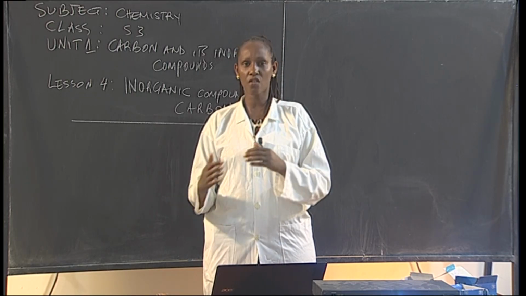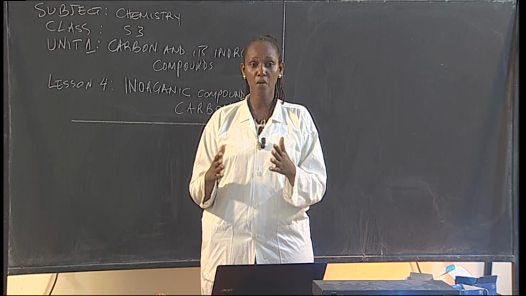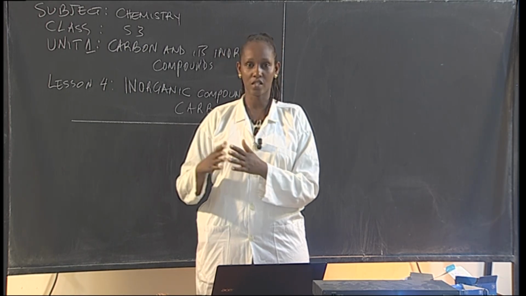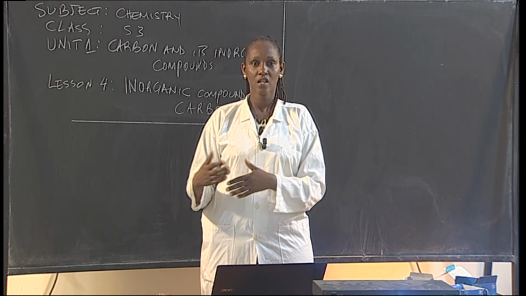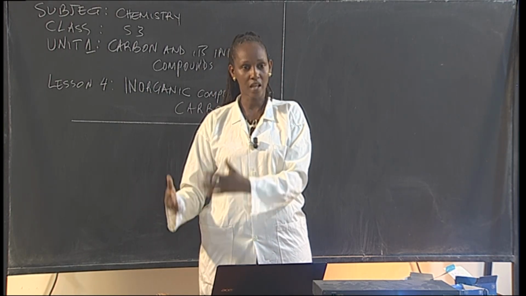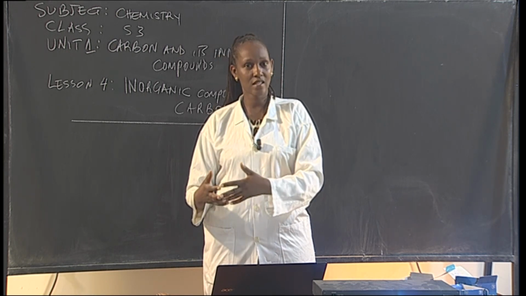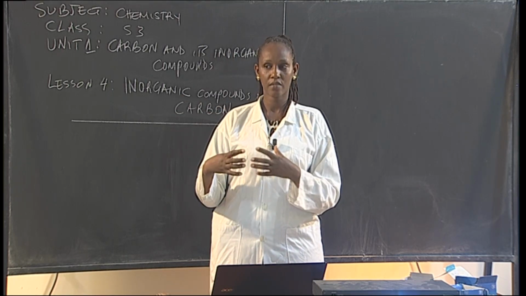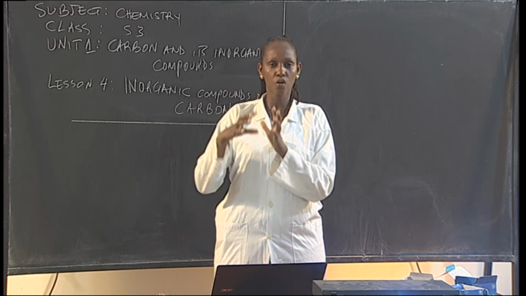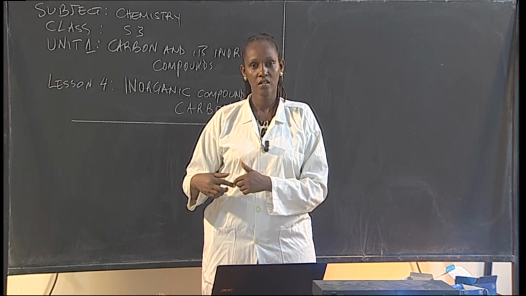So what is the role of hemoglobin? Still biology part. The role of hemoglobin is to transport oxygen. It's the red blood cells that transport oxygen with the help of the hemoglobin. So as you breathe in carbon monoxide, the carbon monoxide will react with hemoglobin in the red blood cells.